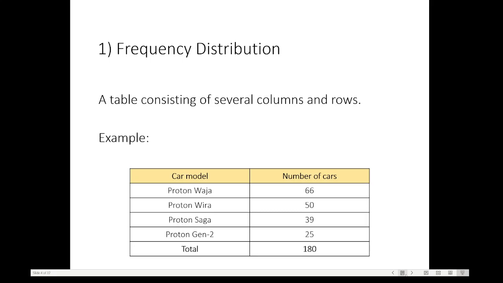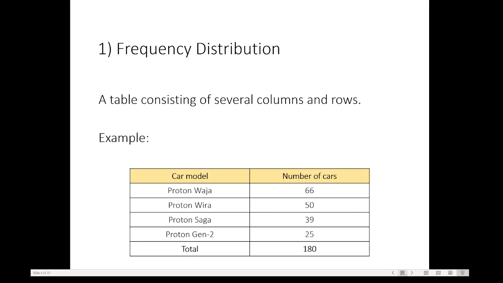In this situation, kalau you perhatikan di depan screen anda, you can see a table with two columns, where the first column represents the car model and the second column represents the number of cars. So that's what I said just now.